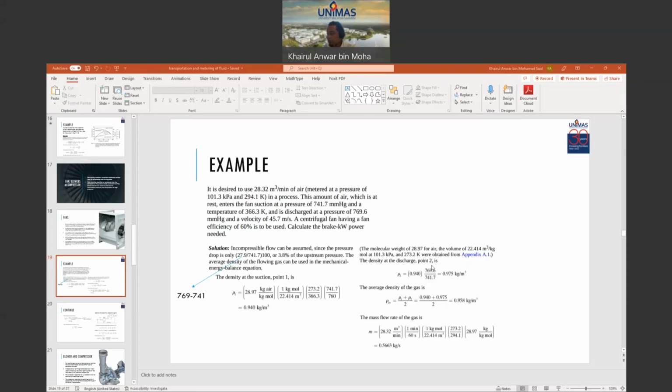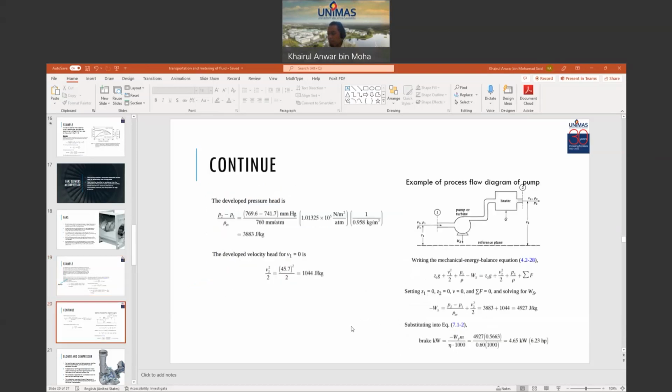This is from appendix A1, the volume of air, and 273 is the atmosphere temperature, 294 is the suction temperature. 28.97 is the molecular weight of air from appendix A1, so you get 0.5663 kilogram per second.